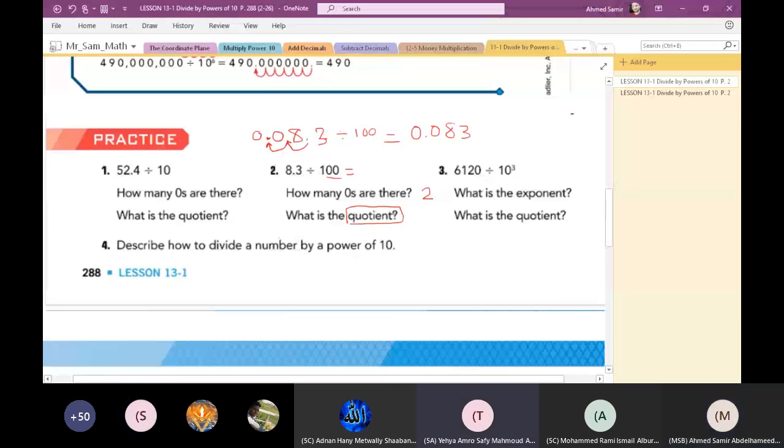I mean, after the decimal point it has to be two places. Look here, we have the decimal point here, yes? We need to move it 2 digits. Mister, you didn't make anything wrong. Of course, you didn't make something wrong.